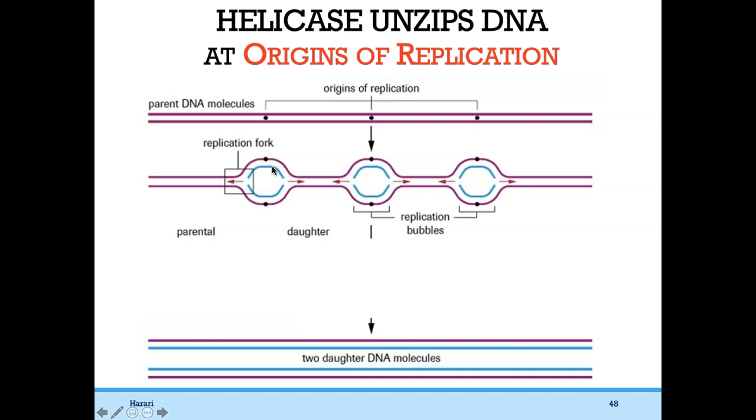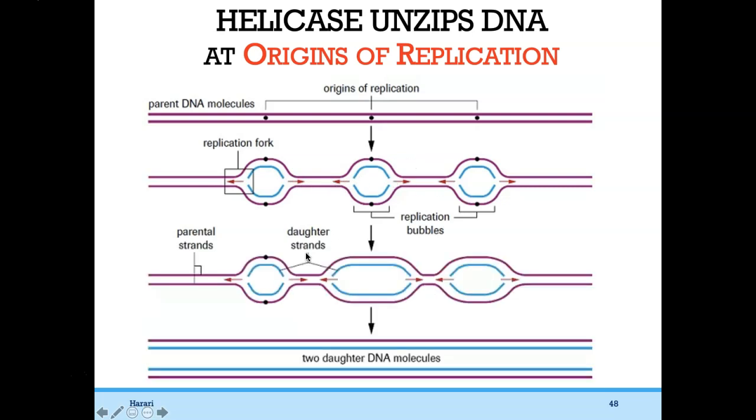So try to visualize that as these purple DNA strands separate, the new blue strands get made more and more until they all converge and you get two daughter DNA molecules. Right, so try to visualize how replication bubbles kind of continue to open up wider and wider until they just form two separate identical daughter DNA molecules.